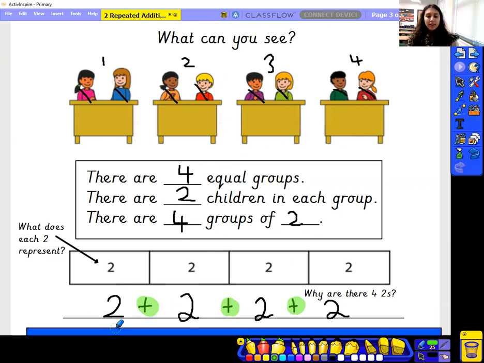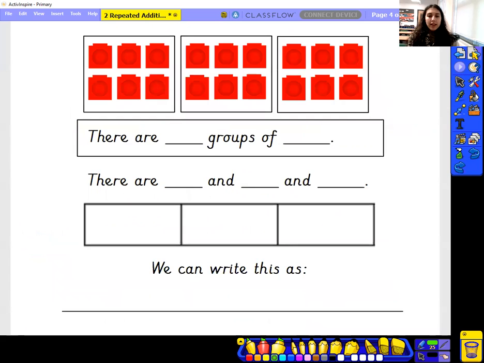So we could write that as a repeated addition by writing 2 add 2 add 2 add 2. You can see I've got 2 written 4 times because each 2 is representing one of the groups of children. So let's have a look at another example.